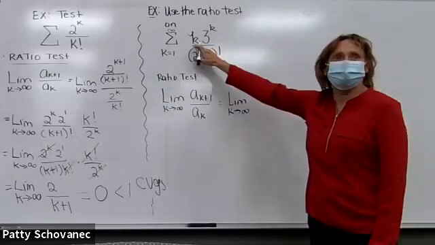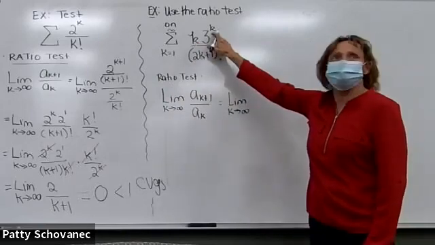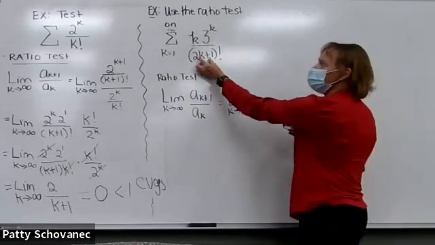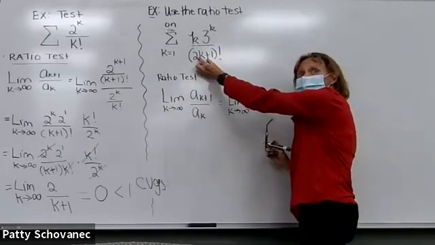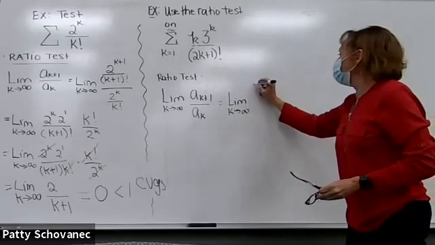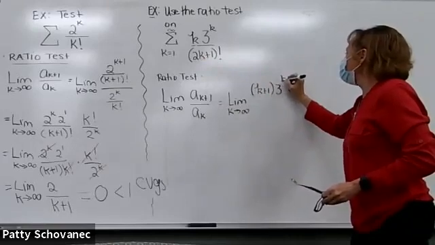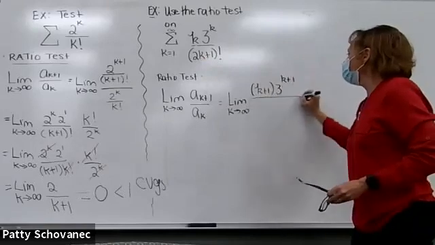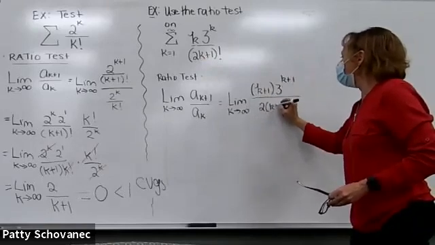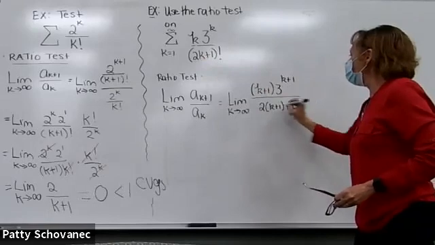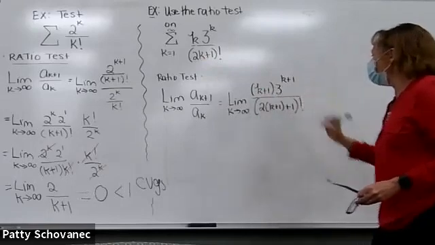So I'm gonna make this into a k plus 1, and make that into a k plus 1, and I gotta put a k plus 1 right here. So I'm gonna have k plus 1, 3 raised to the k plus 1, 2 times k plus 1, now put the parentheses and the factorial back on it.